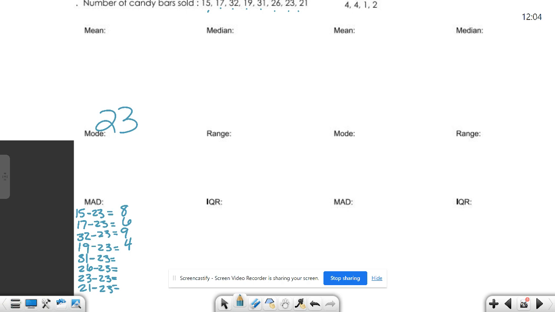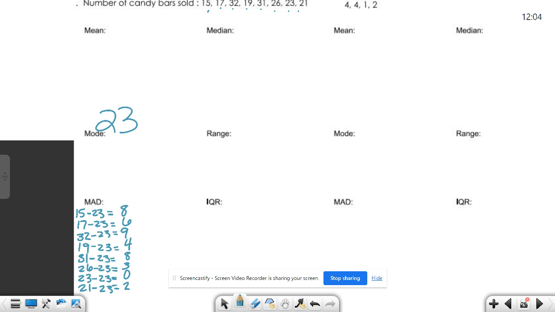Another 9. 31 minus 23. 8. 26 minus 23. 3. 23 minus 23. 0. And 21 minus 23. 2.